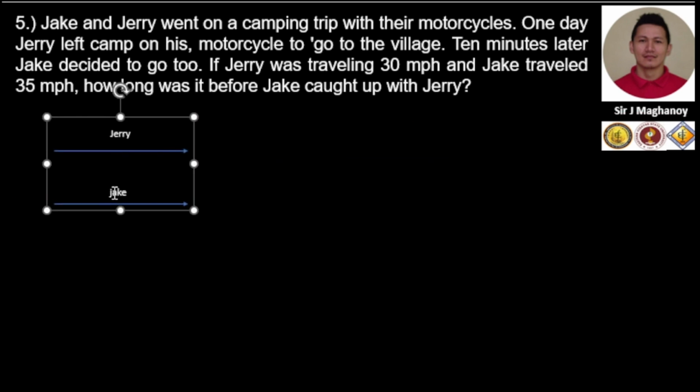Okay, so the trick here, before we discuss the trick, we should first visualize the movement of our two campers, Jerry and Jake. They went camping with the motorcycle. One day they left the camp.